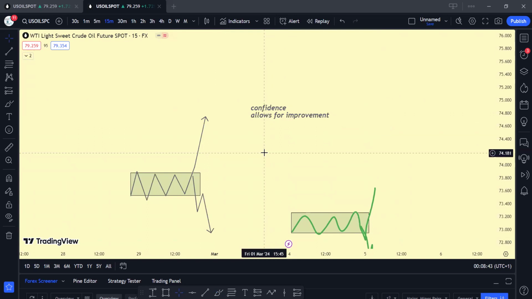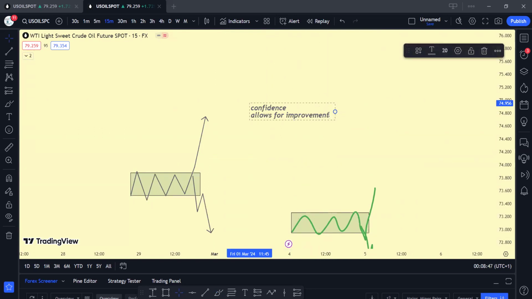I think the third one is it makes you know the system like the back of your hand.